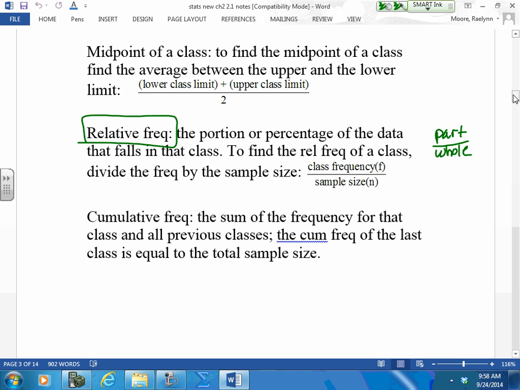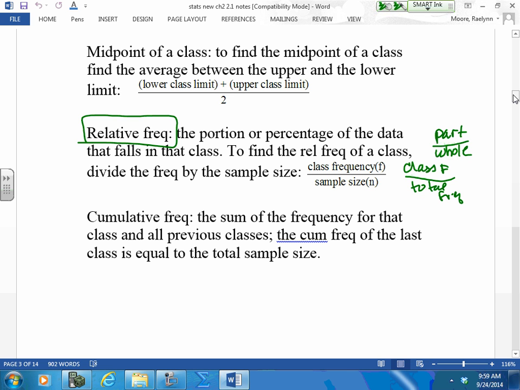It takes the class frequency, whatever frequency that was for that class, over the total frequency. In other words, they say how many was in your sample size. You surveyed 30, your total frequency would be 30. It's always a part over whole. And we divide it out.